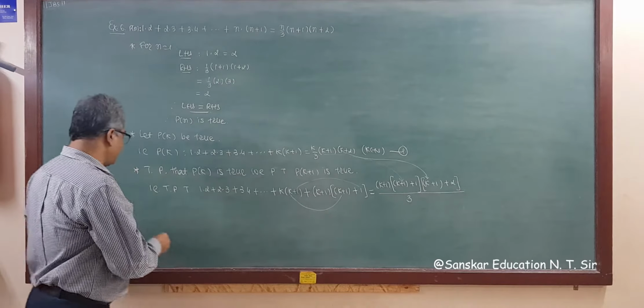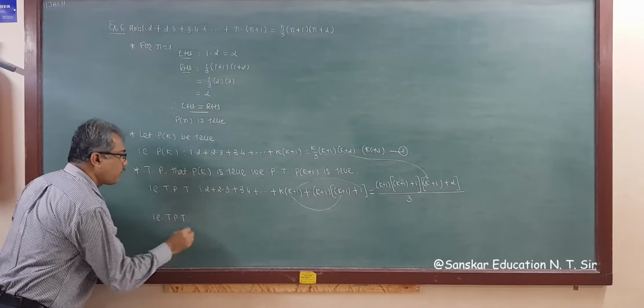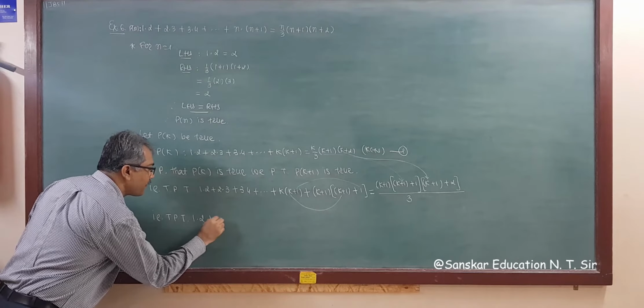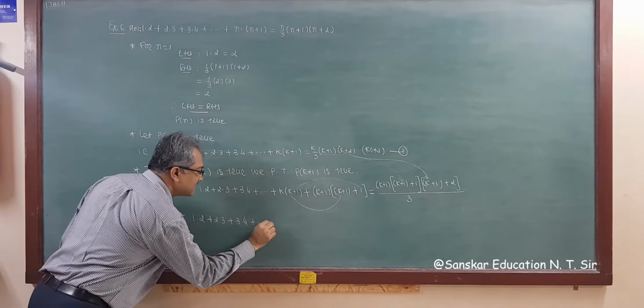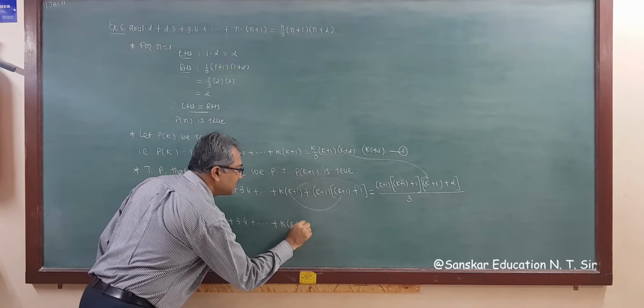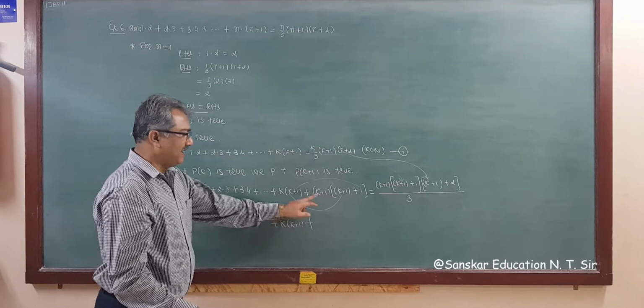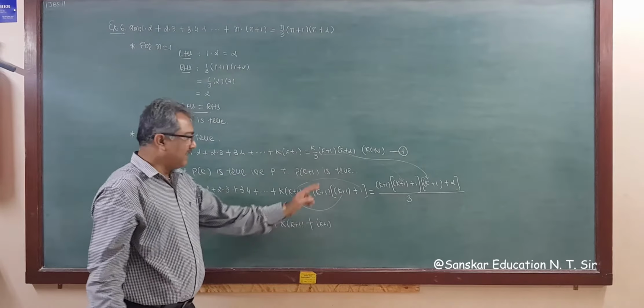That is, to prove that 1 into 2 plus 2 into 3 plus 3 into 4 plus dash plus k into (k plus 1) plus (k plus 1). Now what is this?